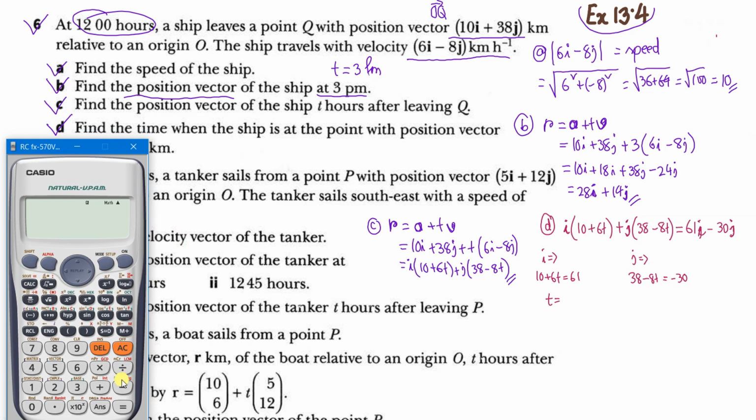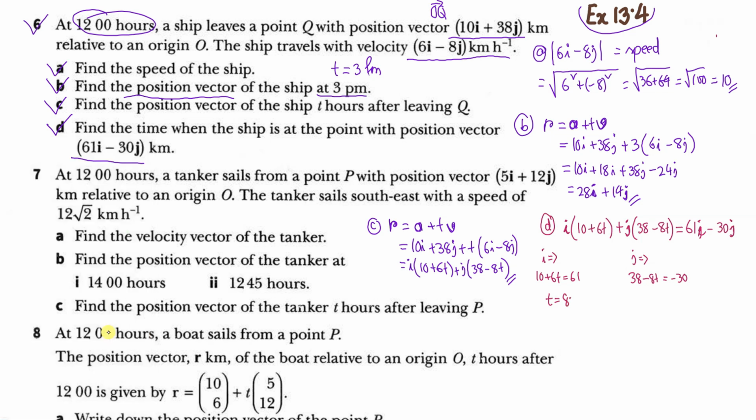61 minus 10 is 51. 51 divided by 6 gives us the value 17 by 2, which is 8.5 hours. And let me find out the t from here as well, which is 68 divided by 8.